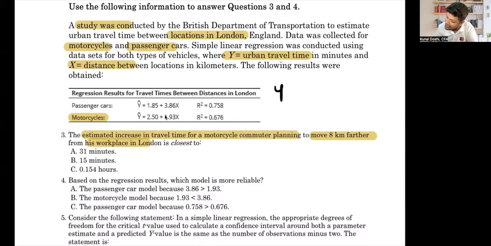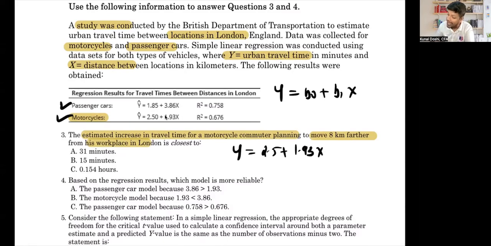So Y is the time, X is the distance, based on B1 plus B0. For motorcycle, the equation is Y equals 2.5 plus 1.93 times X, and the distance they've given is 8.